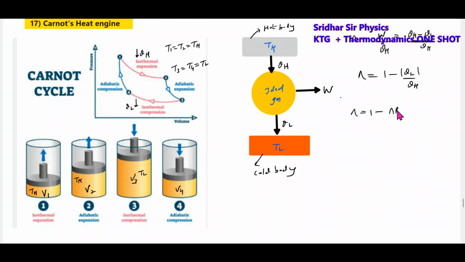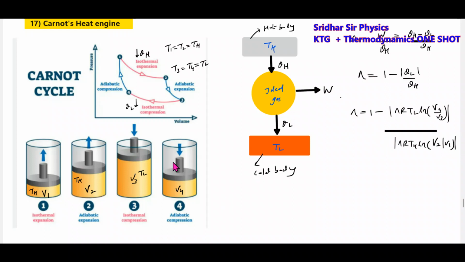This will be nR TL log of V4 by V3, heat will be rejected here, no? And this will be nR TH log of V2 by V1, where heat is absorbed.